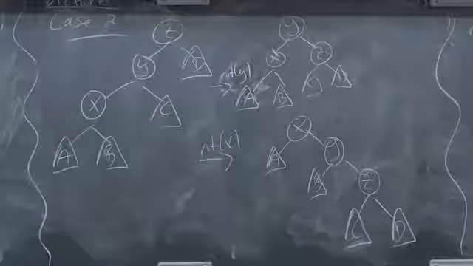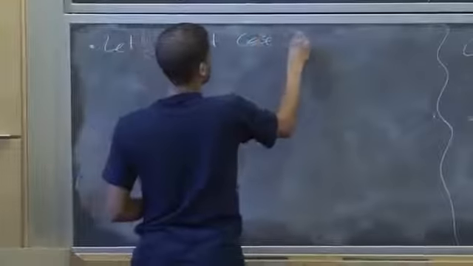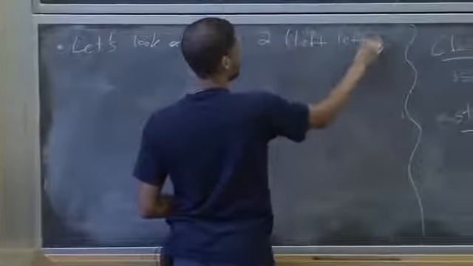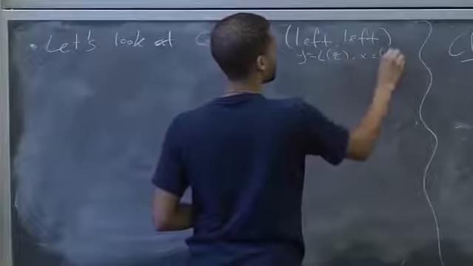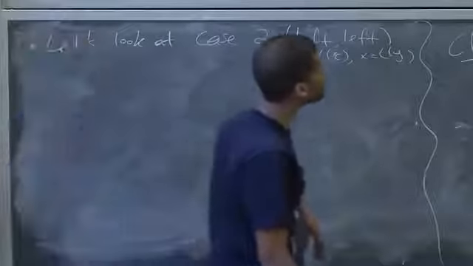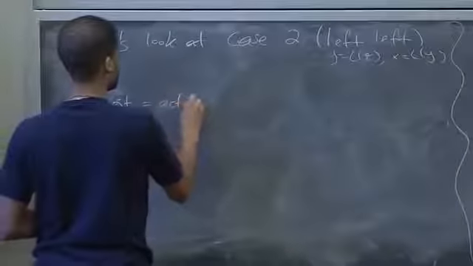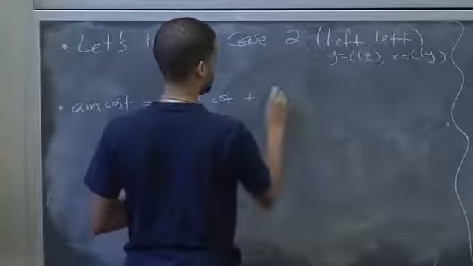So let's look at case 2 going left, left. So that picture up there: y is left of z, and x is left of y. Now, remember, the definition we gave of amortized cost is the actual cost plus the difference in potential.